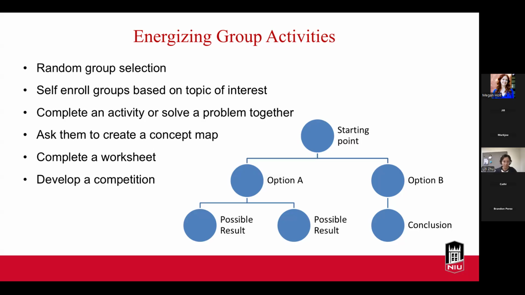That's a great way to do it. Otherwise, they could map something out in a variety of different applications. If they like AI, you could ask them to use Canva. If they prefer PowerPoint, then you could have them share their PowerPoint slides. And of course, the other two, which we already talked about a little bit, is have them complete a worksheet or just develop a competition to incentivize students.